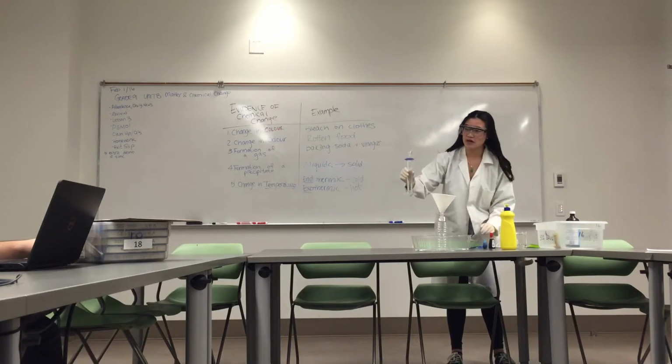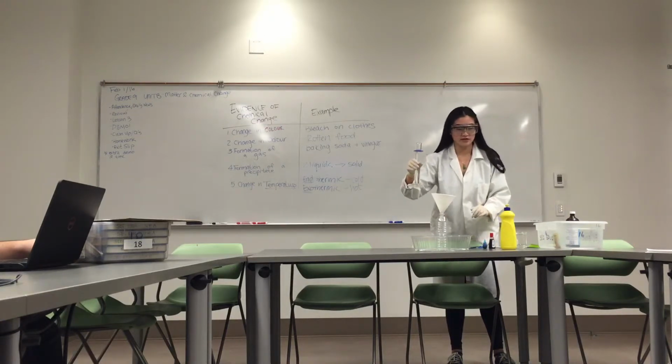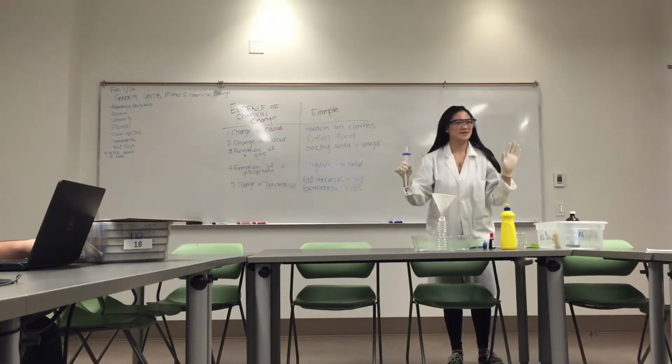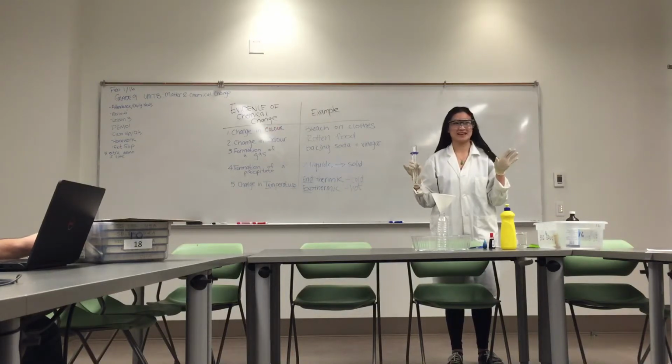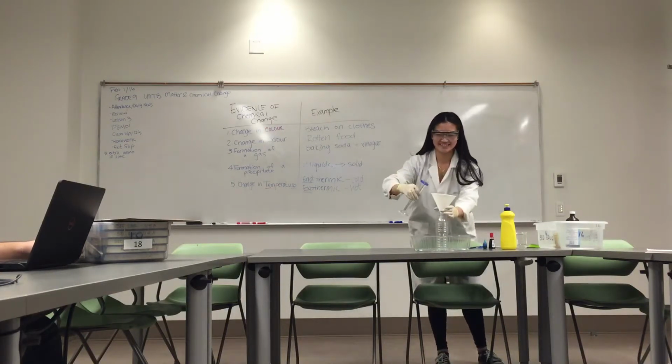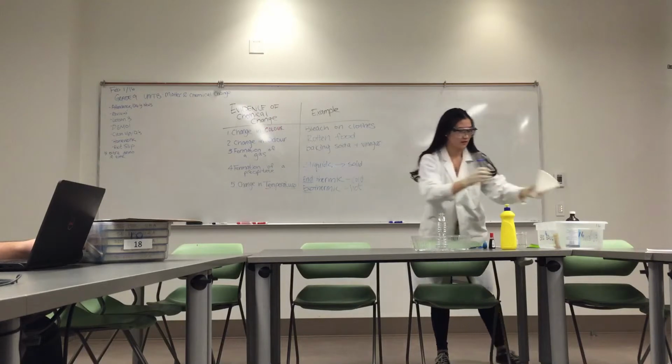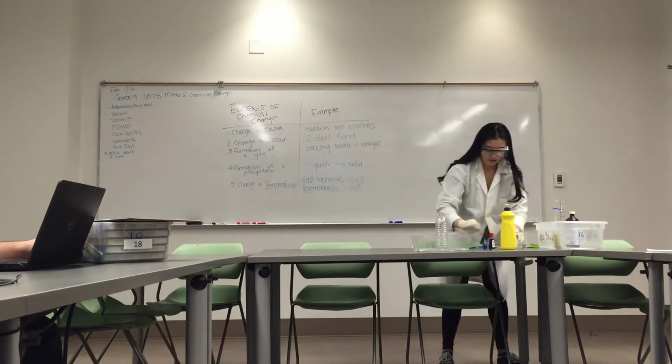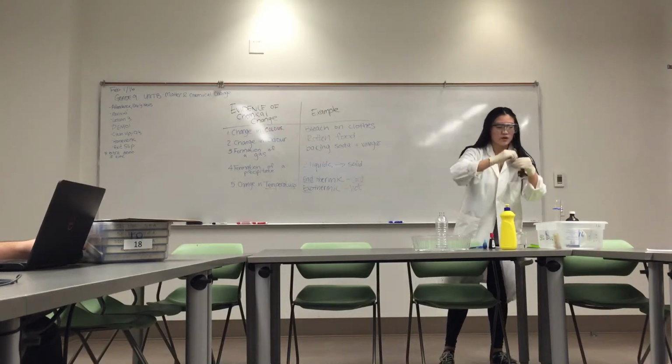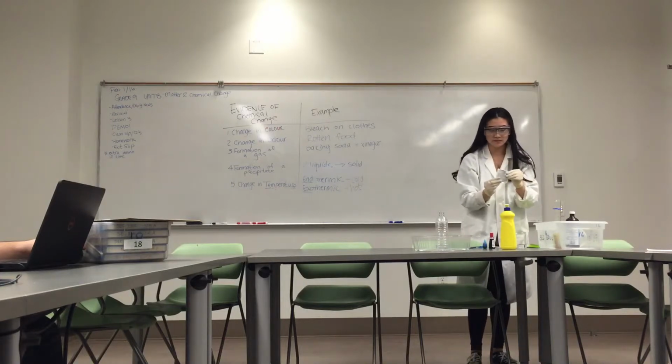I've poured out 100 milliliters of hydrogen peroxide already. This experiment is also called elephant toothpaste, and you guys will see why too. So I'll just pour all of that in. Okay, and we're also using yeast.